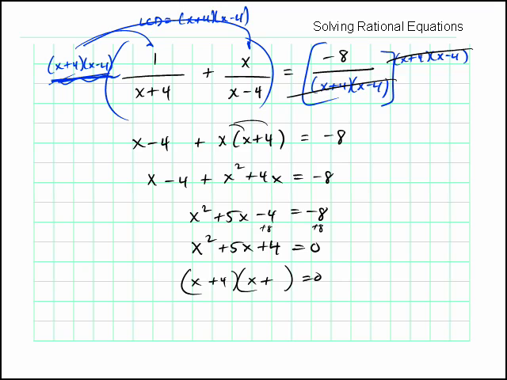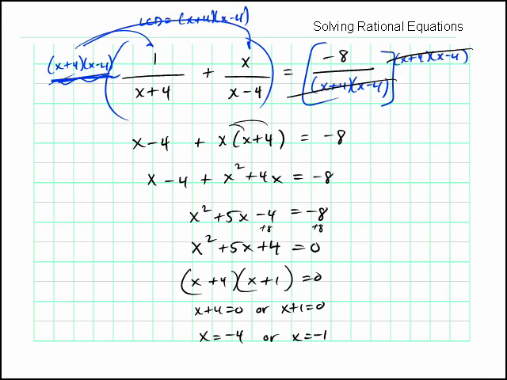Plus 4 and plus 1. And so if I use my zero factor property, I will end up with two possible solutions. Negative 4, negative 1.